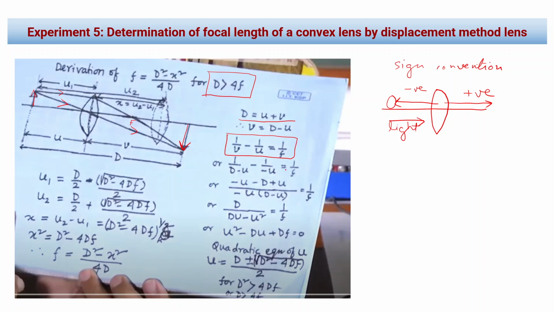Now when we rearrange it, we get this quadratic equation, and solving it by the quadratic formula, which comes from the coefficients of x square minus bx plus c, we get u equals d plus minus under root d square minus 4df, by 2. We get two solutions, u1 and u2.